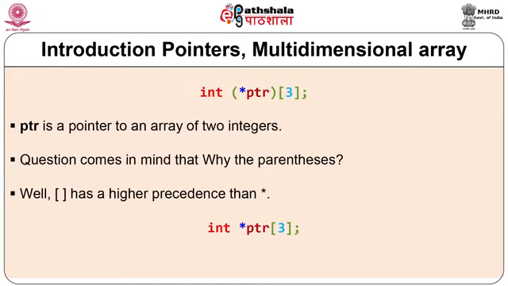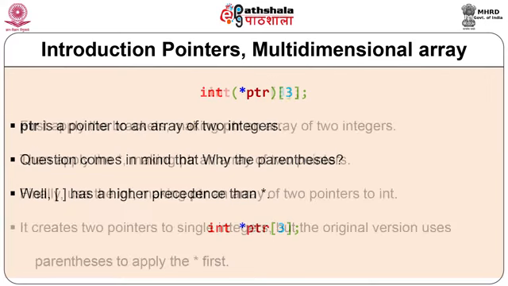Well, square brackets have a higher precedence than the star. Therefore, a pointer array can be declared as int *pointer[3].